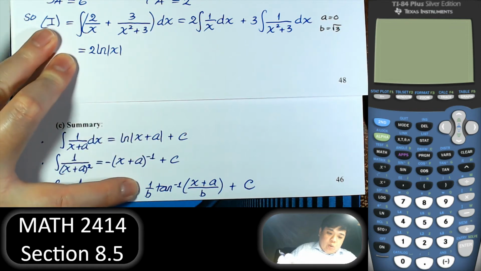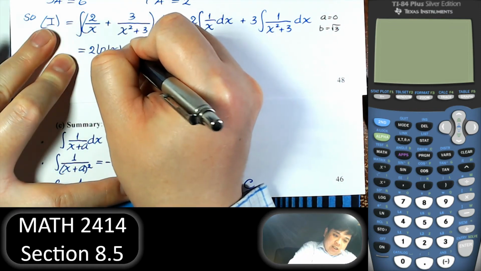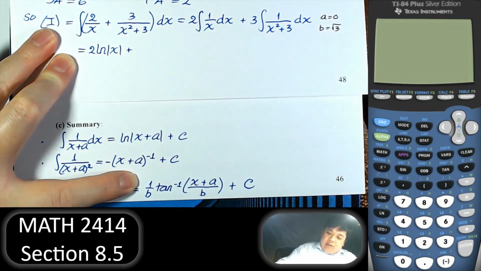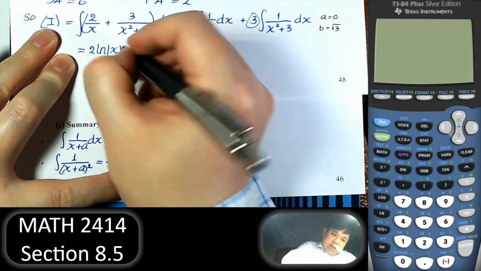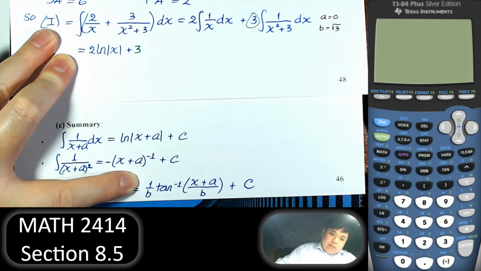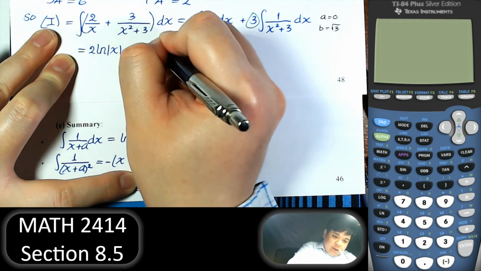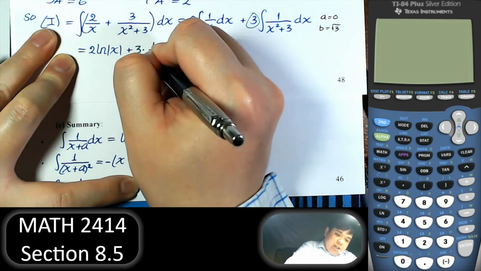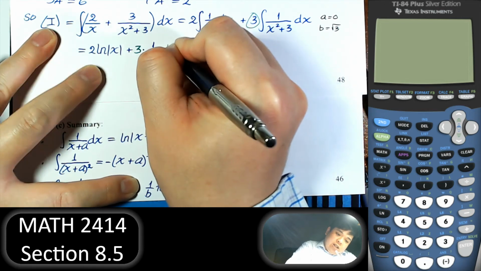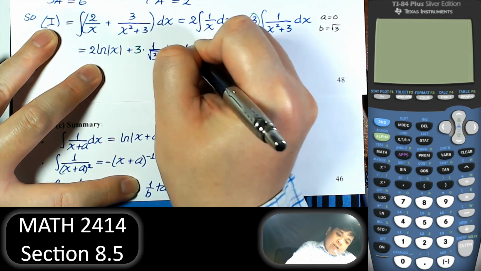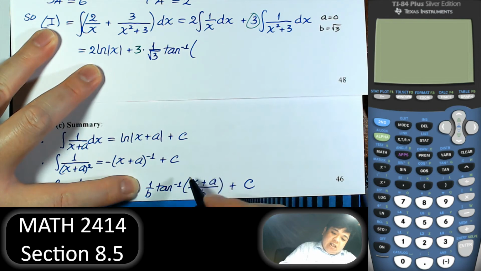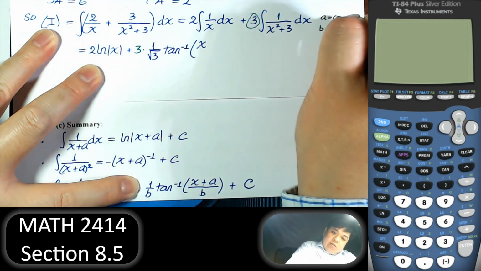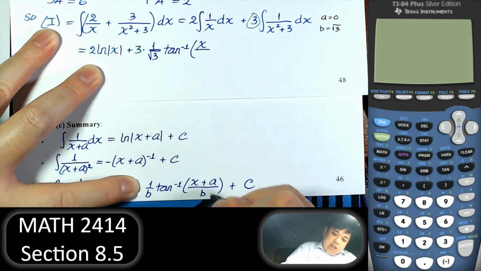So the integral is 1 over b. By the way, don't forget there's the 3 here. 1 over b, which is square root of 3, tangent inverse of x plus a, where a is 0, and b square root of 3.